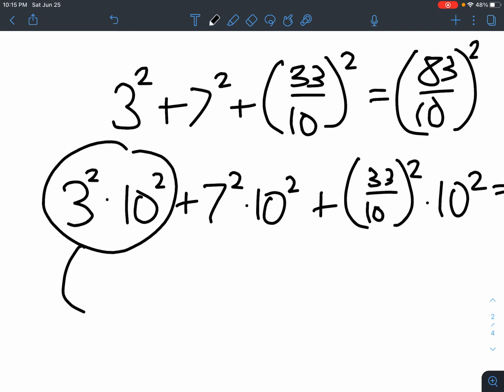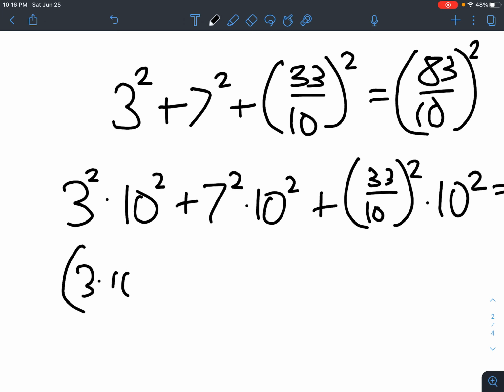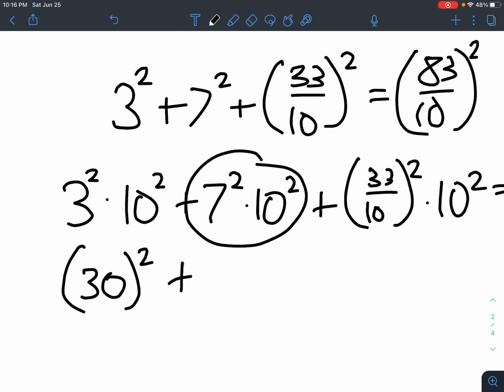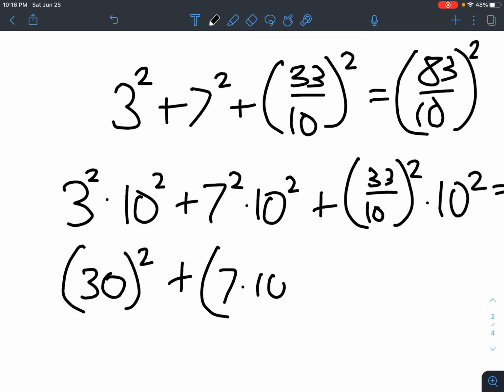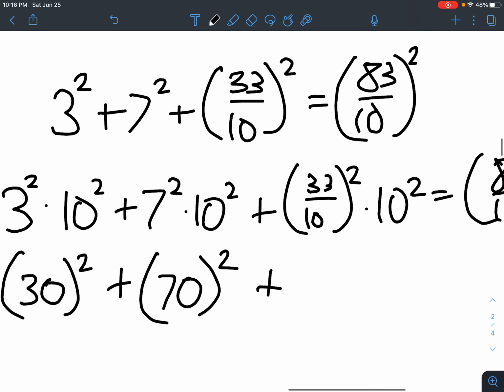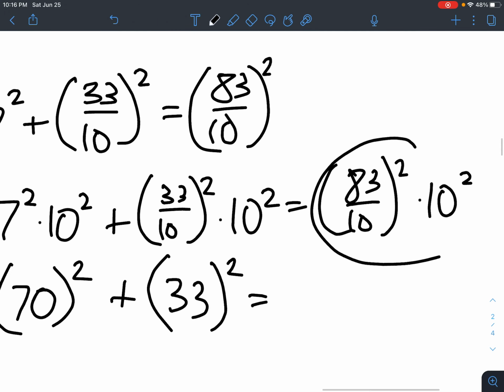We can make this instead 3 times 10, or 30 squared. And then this can become 7 times 10, or 70 squared. And then this is going to be 33, because the 10s cancel out.